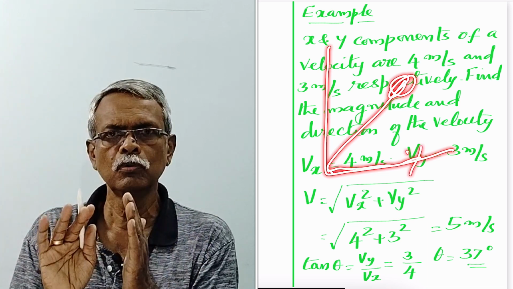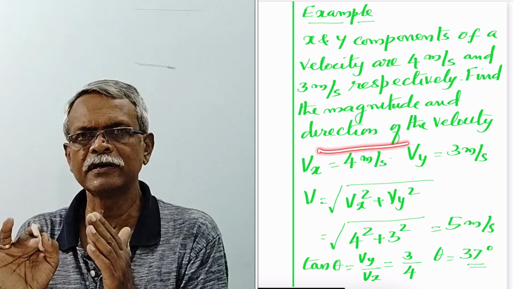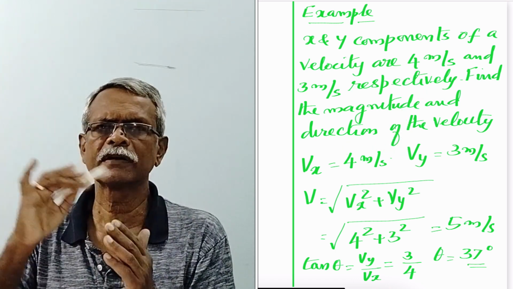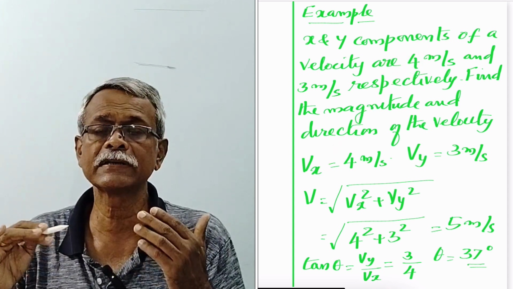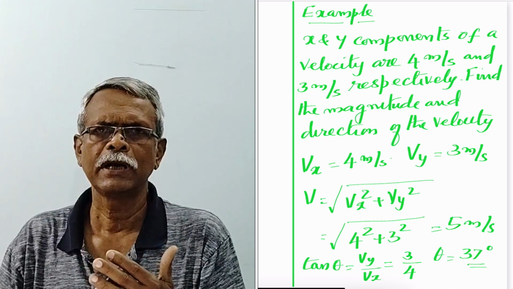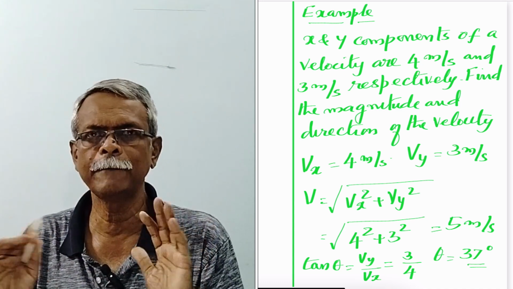So, if you move 4 meter per second along the x direction and 3 meter per second along the y direction, the resultant velocity will be 5 meter per second. It is usually called the resultant of the x component and y component of velocities, and the resultant velocity is v.